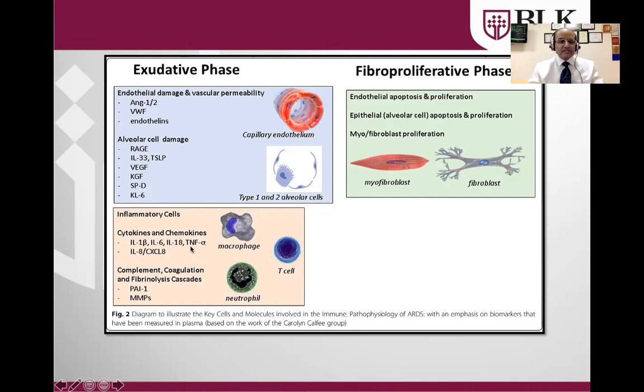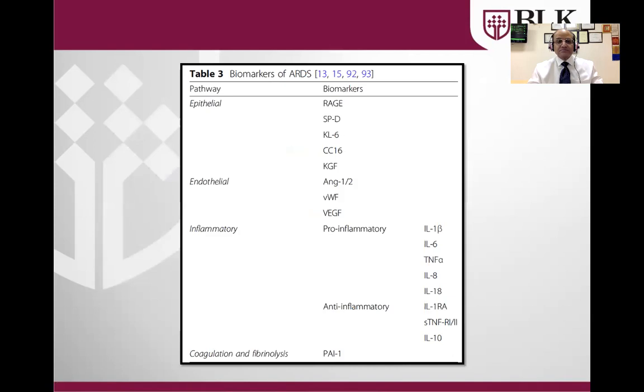Then inflammatory cells, cytokines, chemokines: IL-1 beta, IL-6, IL-18, TNF-alpha, etc. And complement, coagulation pathways and fibrinolysis cascades, they all become active here. Fibroproliferative phase, again, endothelial apoptosis and proliferation occurs, epithelial alveolar cell apoptosis and proliferation occurs. Similarly, myofibroblast and fibroblast proliferation occurs.